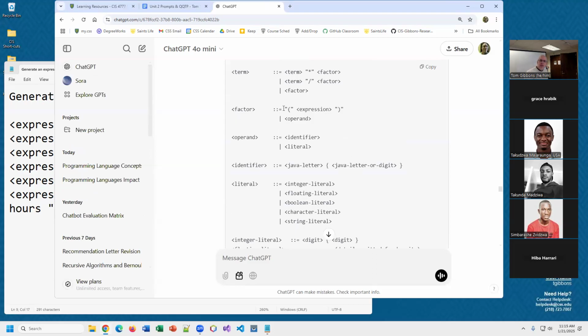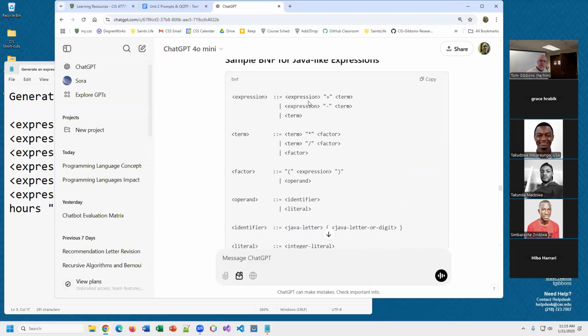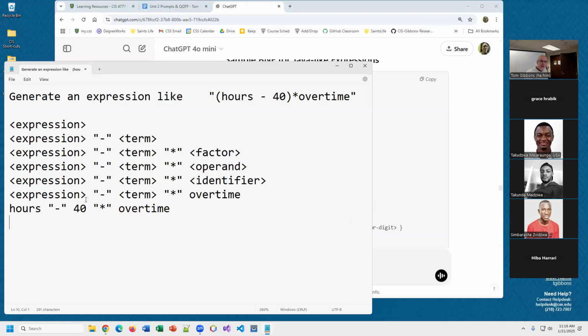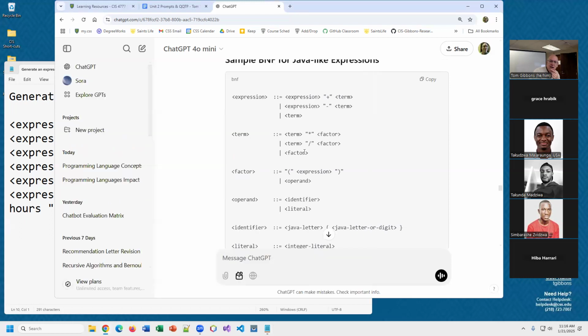So the only place that I can see parentheses in this is with this factor here. I could build a factor. But I don't see a good way of getting that factor in here. I guess for my term, I could put parentheses in there.